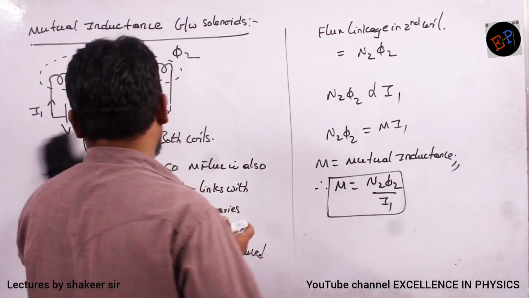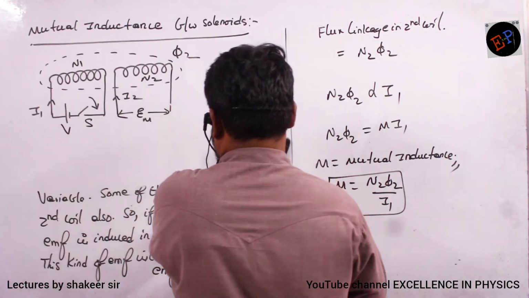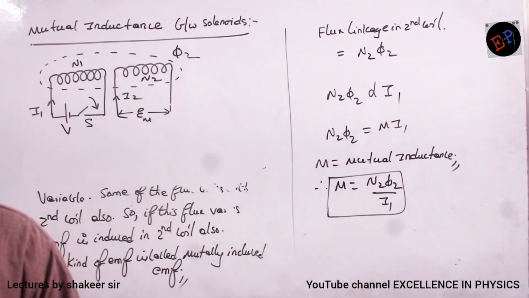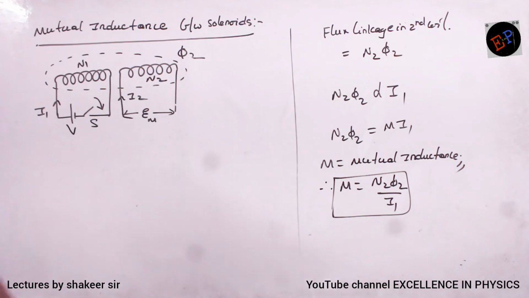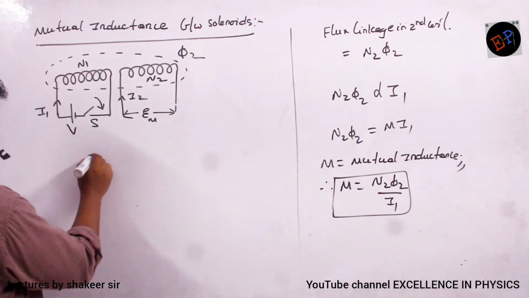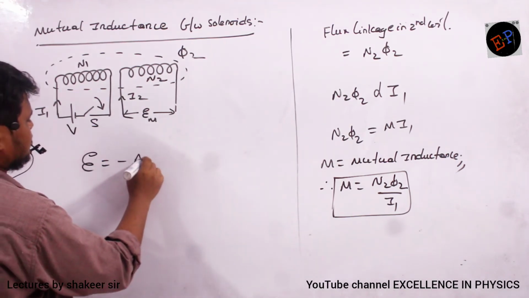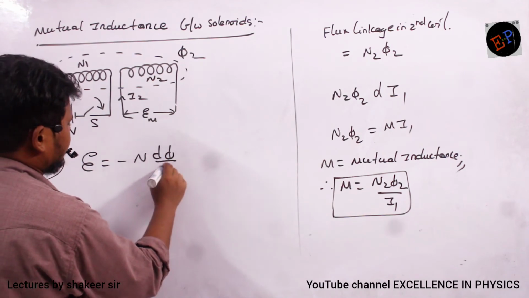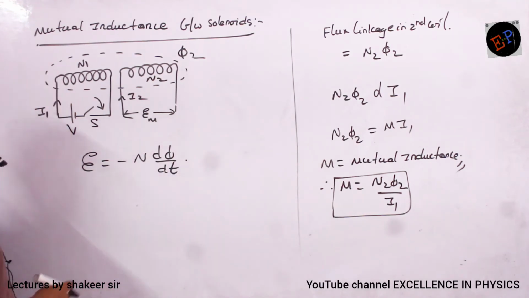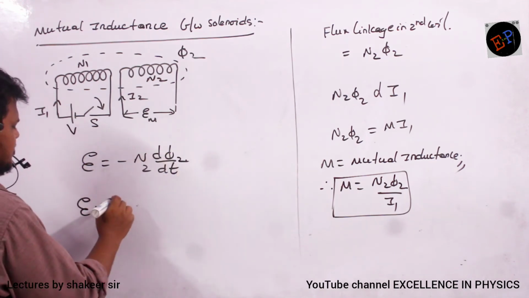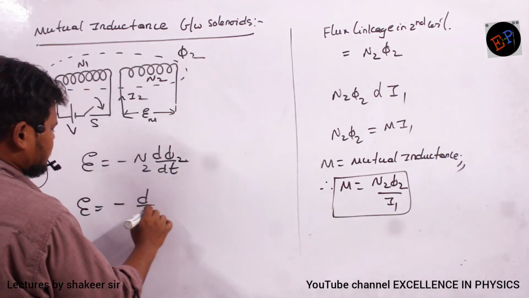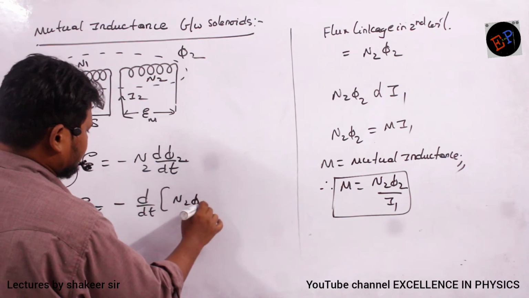Now write Faraday's second law of electromagnetic induction. EMF is equal to minus N d phi by dt. That's all, no? So for N2 phi 2, take N also inside the brackets: minus d by dt of N2 phi 2.